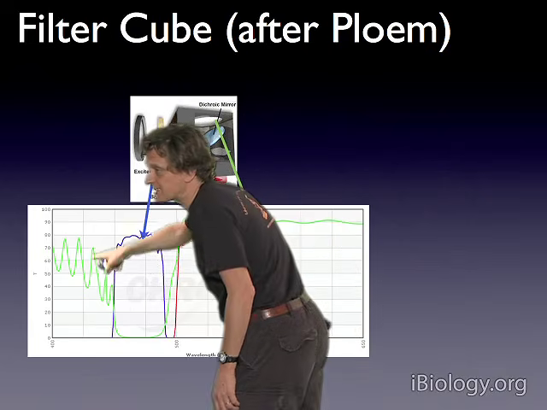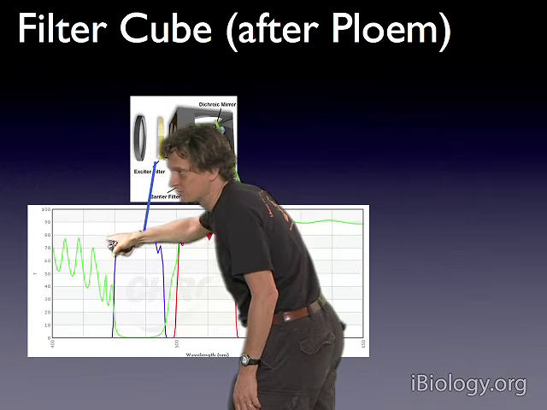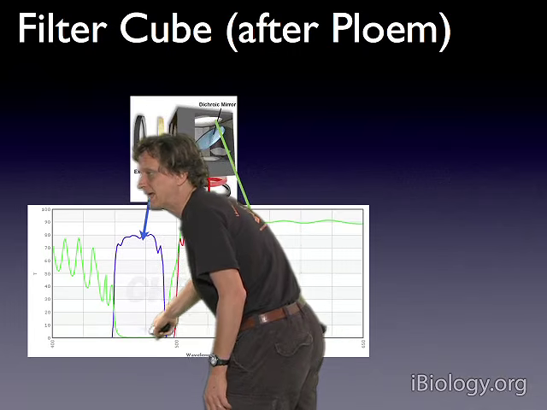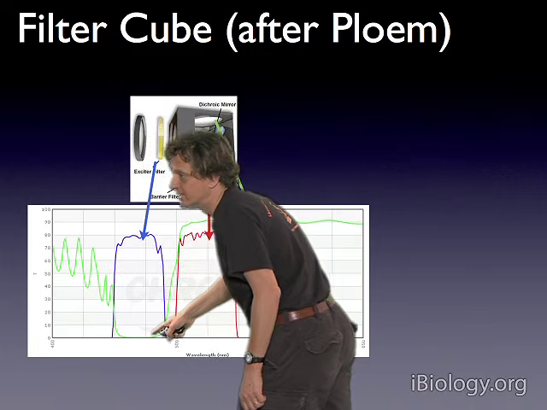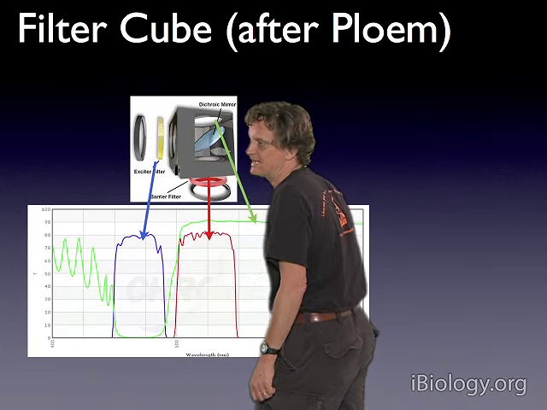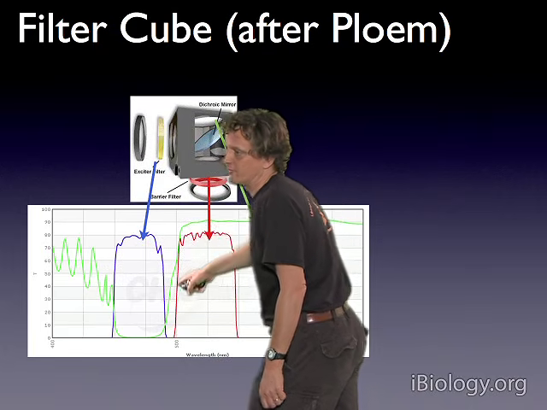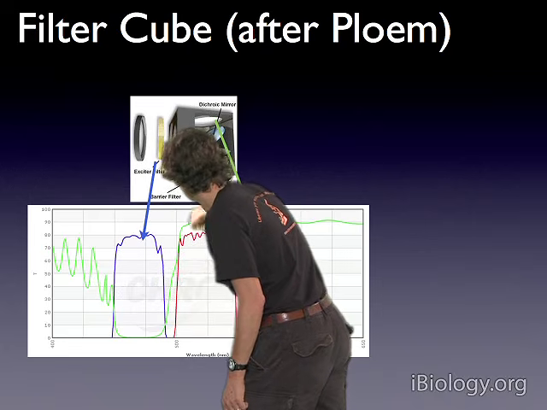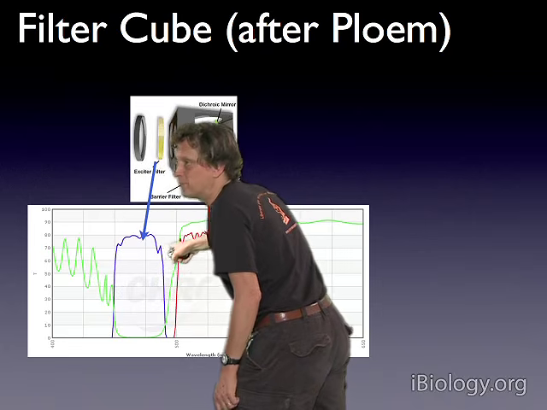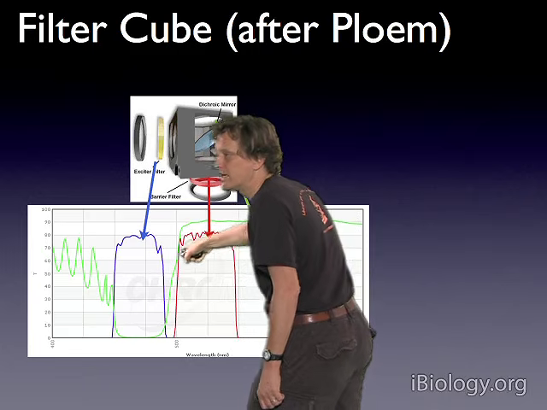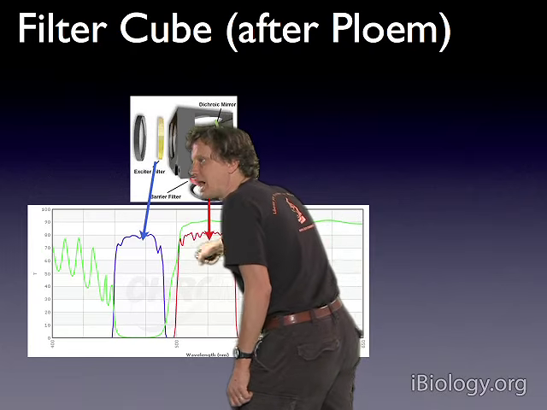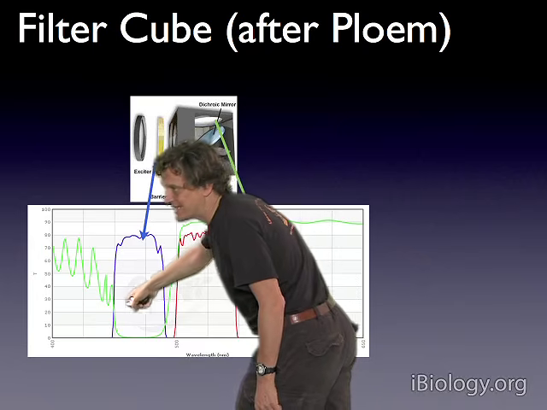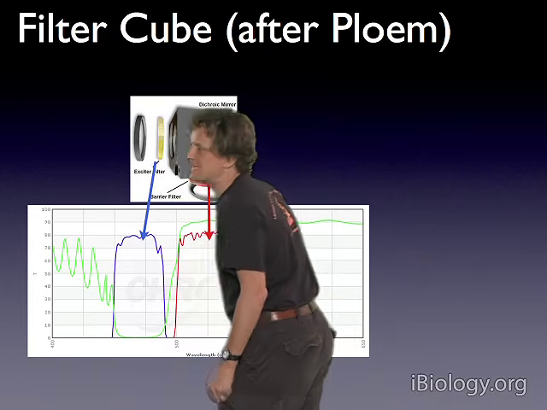So we have here an excitation filter that passes through this band pass, these wavelengths, these colors of light. The dichroic mirror is made such that it will reflect everything that is lower than a certain cutoff band and pass through everything that is higher, and then the emission filter will pass through the higher wavelengths but absolutely reject the excitation light.